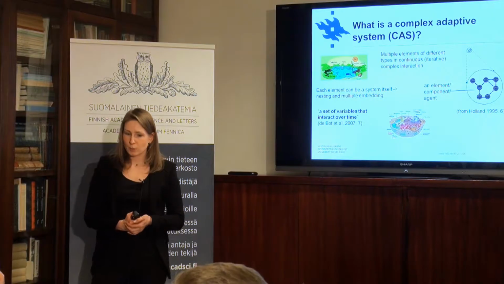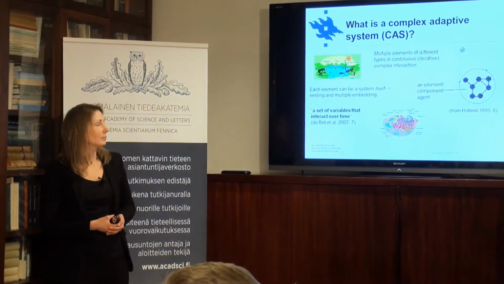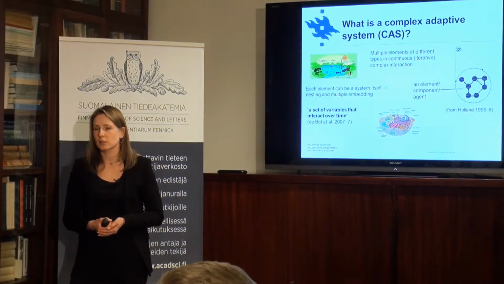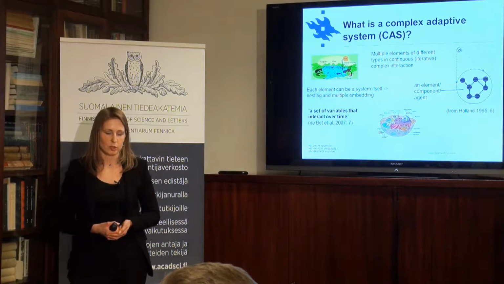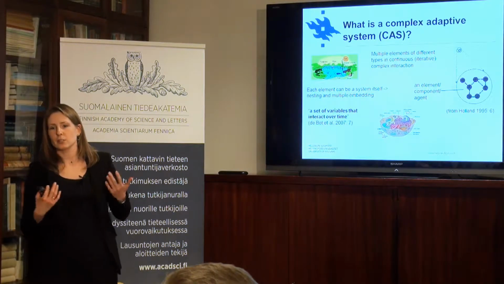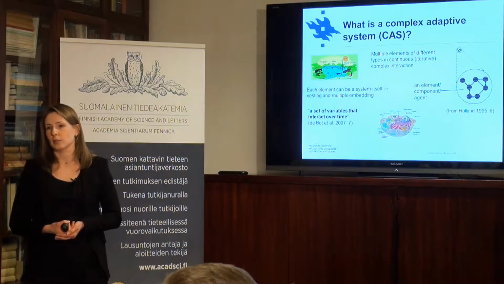So what is a complex adaptive system? It's quite simple. It's basically anything which consists of multiple types of elements in continuous interaction with each other. So anything comprised of different types of elements can be modeled as a complex adaptive system.